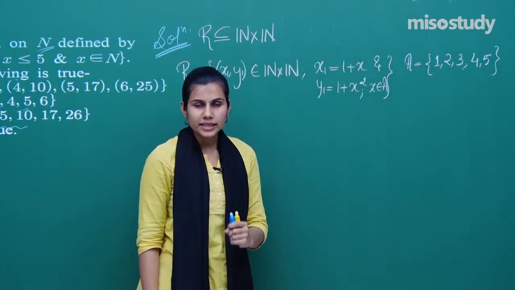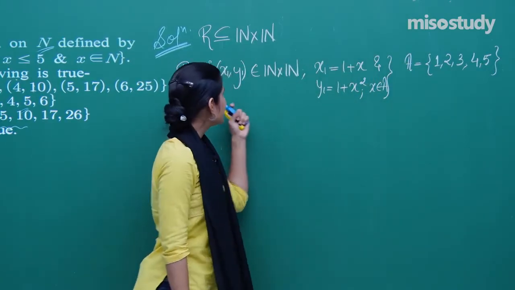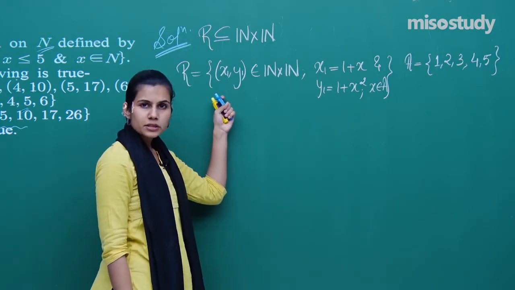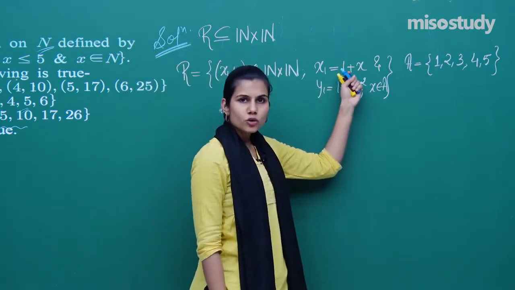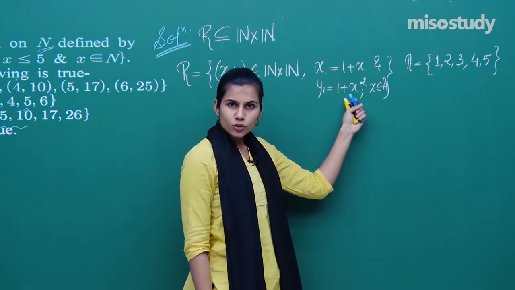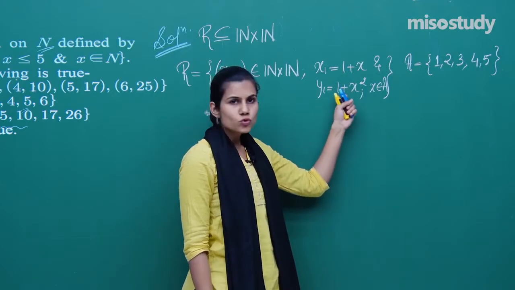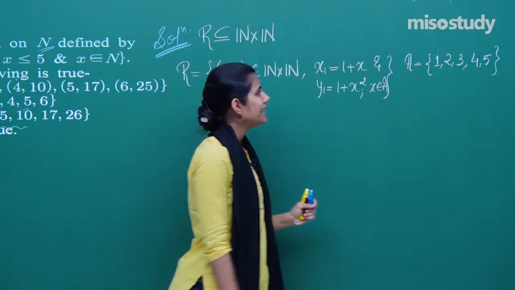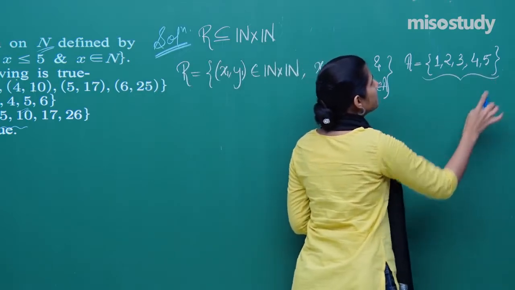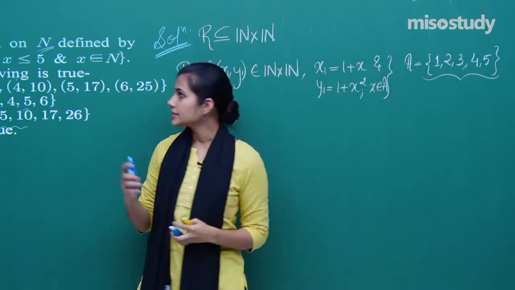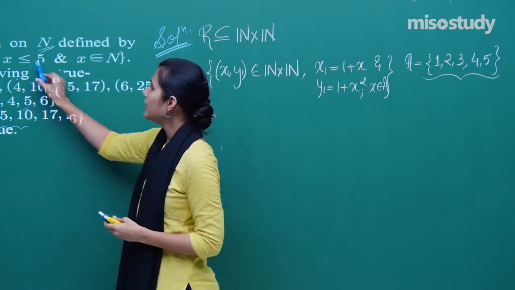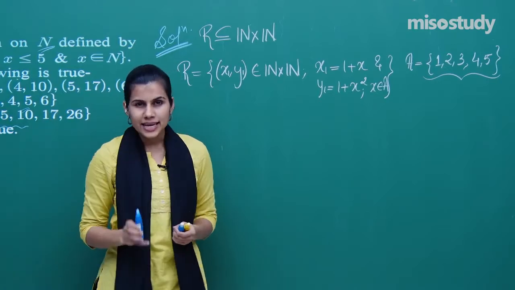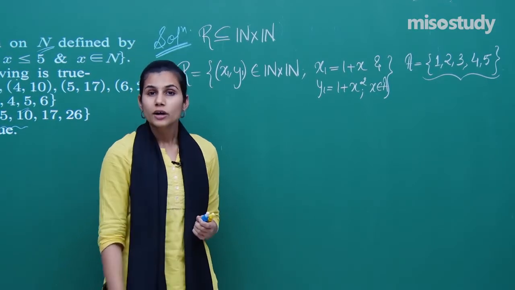That is the meaning of the question. Inside the relation R sit such ordered pairs whose first component looks like this, second component looks like this, and in these two components the role of x is being played by these members. Because here it is given x is a natural number less than or equal to 5, that means x ranges from 1 to 5.